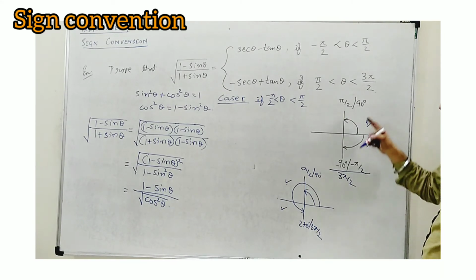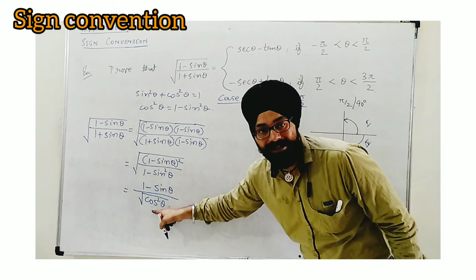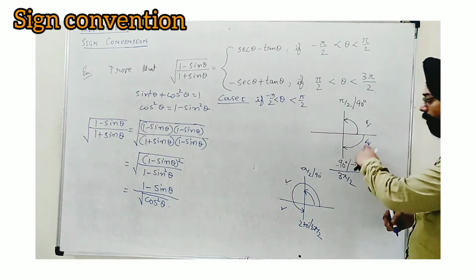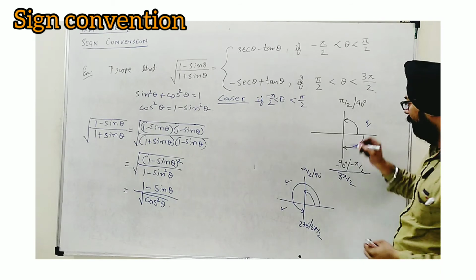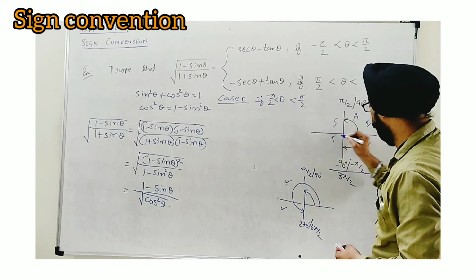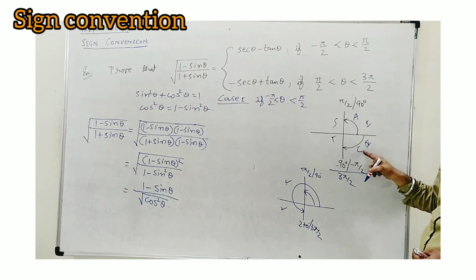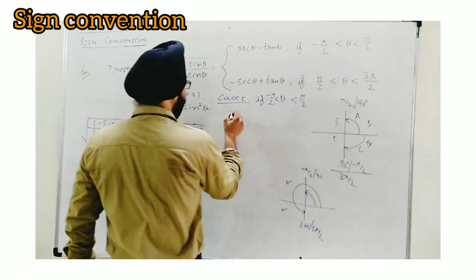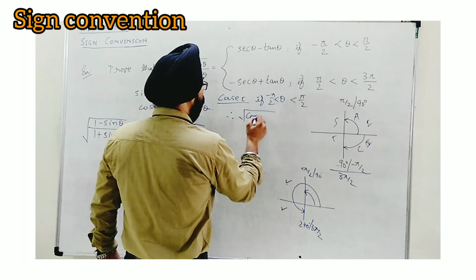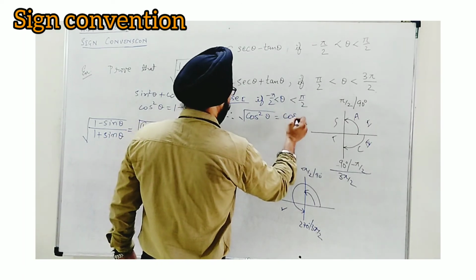What will be the nature of cos in the first and fourth? In these two quadrants it is positive. ASTC, once again you can apply ASTC. All are positive in the first, and cos and sec are positive in the fourth. So since cos is positive, under root cos square theta will result as cos theta only.